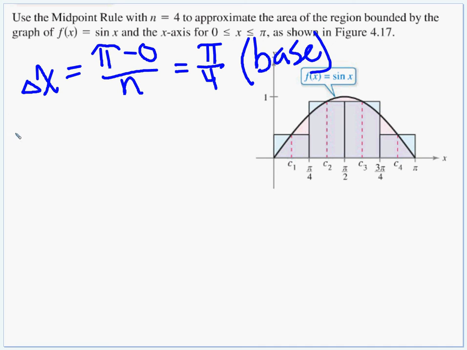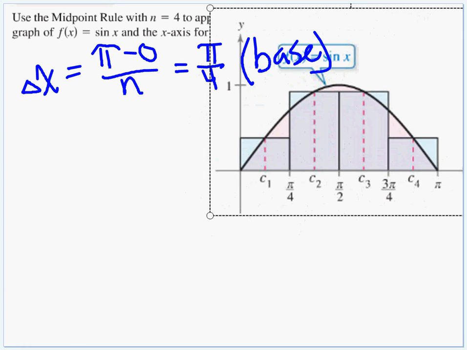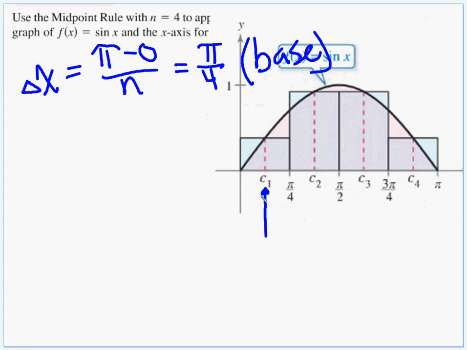What we need to do now is find the midpoints of each of those rectangles. Now we could just look at the picture. Here's one way to do it. I need that first midpoint. What's right in between 0 and pi over 4? Well, remember what I taught you last year, just double that denominator.